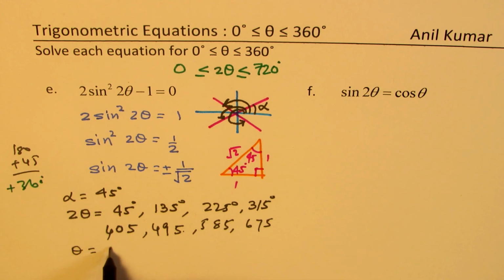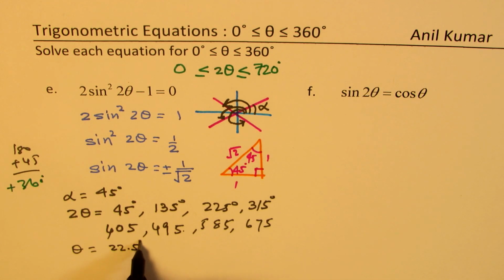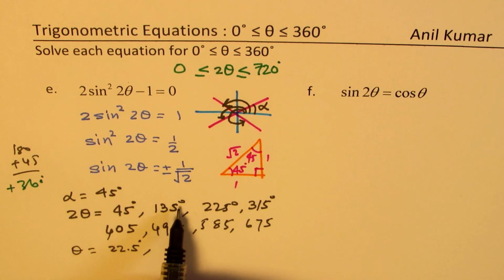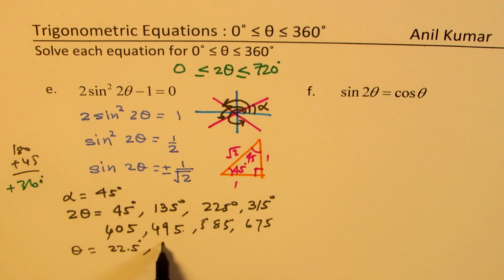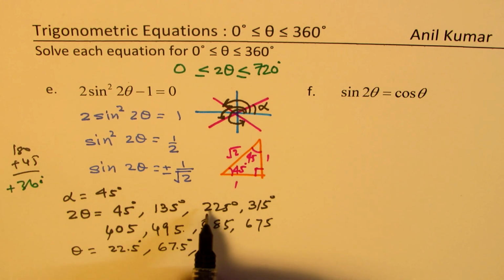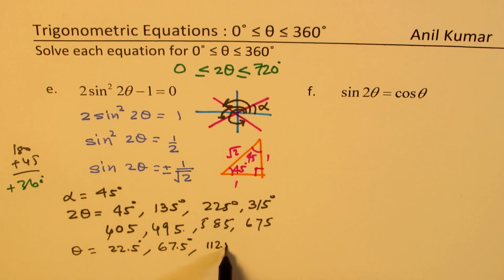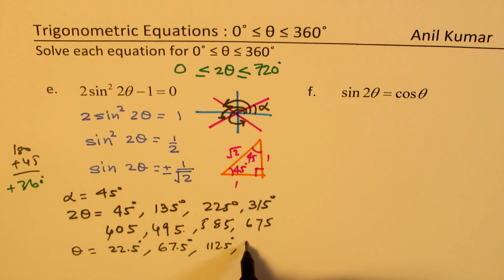Dividing 45 by 2 is 22.5 degrees. Dividing 135 by 2 is 67.5 degrees. Here we get 112.5 degrees. Here we get 157.5 degrees.